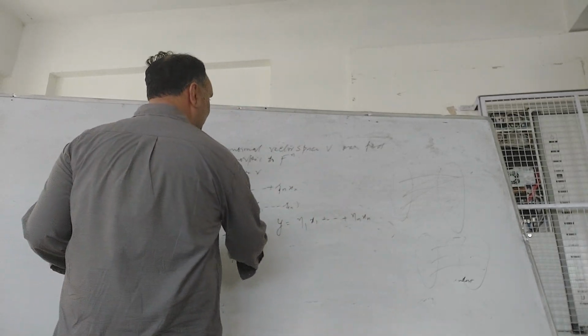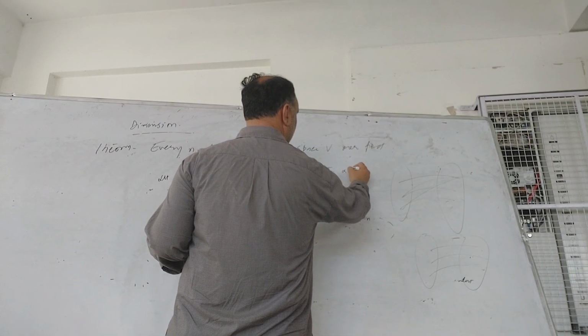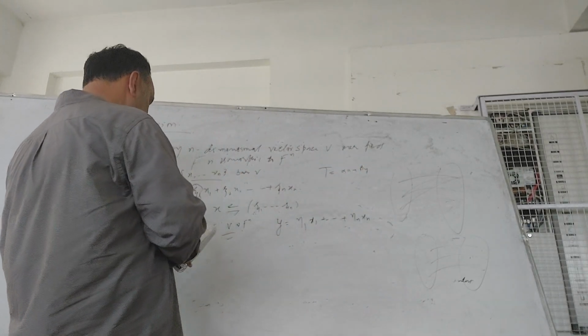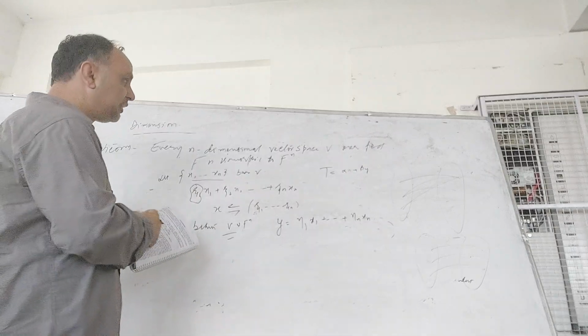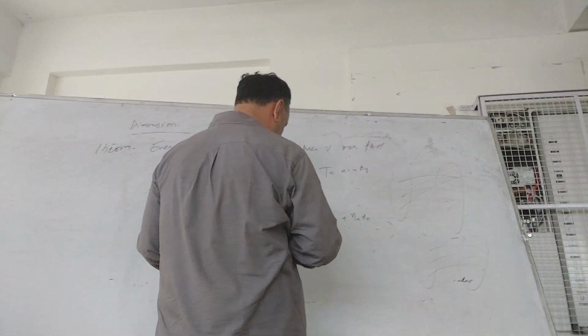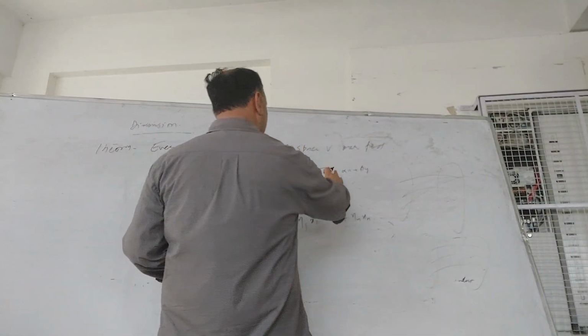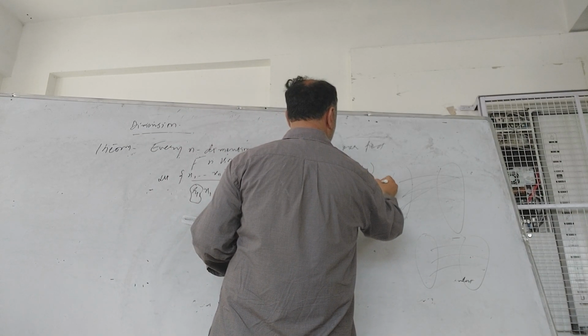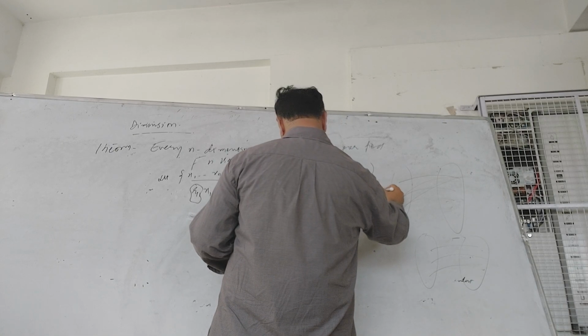So what is that? If you remember, alpha x plus beta y. It's the way we define T, this property. We define T of alpha x plus beta y equal to alpha Tx plus beta Ty. So this is the linearity preserving property.